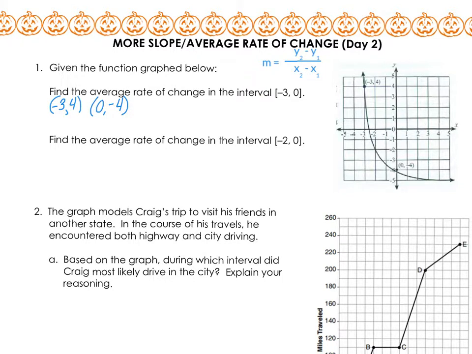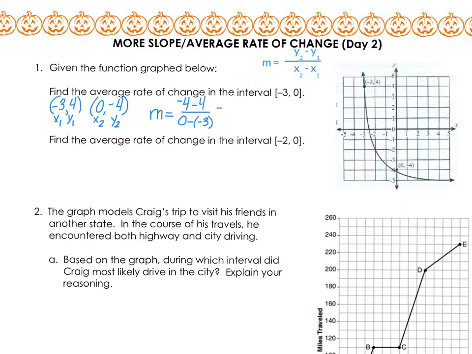Once I write out my points, if it helps you, you can write the x1, y1 underneath and the x2, y2. Just remember that whichever one we start with for the y's, we have to start with again for the x's. So m equals y2, I'm going to use -4, minus y1, which would be 4, divided by x2, which is 0, minus x1, which is -3.